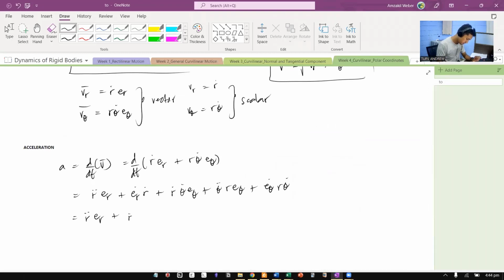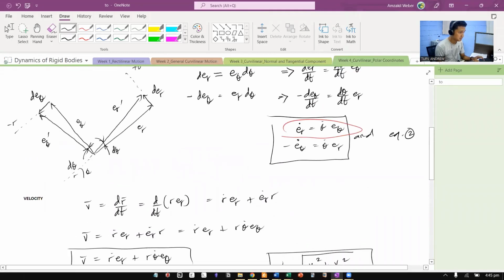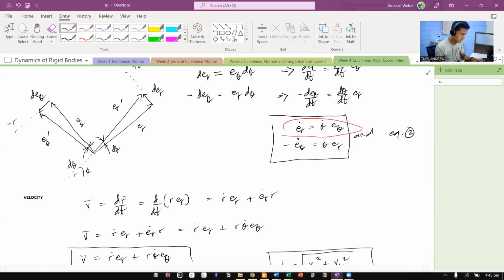So r dot theta dot e_theta. Then we have e_theta, which is equivalent to negative theta dot e_r.